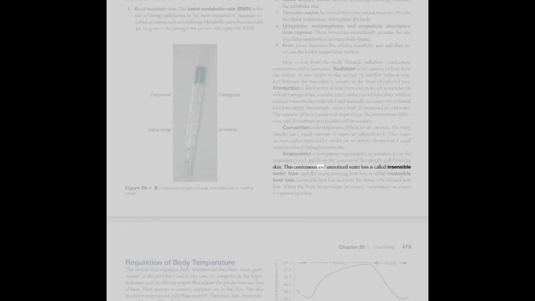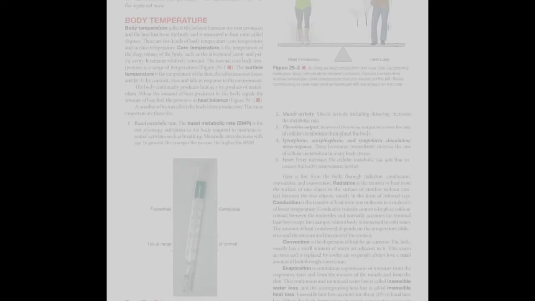This continuous and unnoticed water loss is called insensible water loss, and the accompanying heat loss is called insensible heat loss. Insensible heat loss accounts for about 10% of basal heat loss. When the body temperature increases, vaporization accounts for greater heat loss. But real assessment, interpretation of the measurements, rests with the registered nurse.